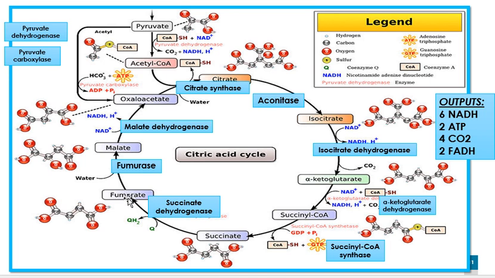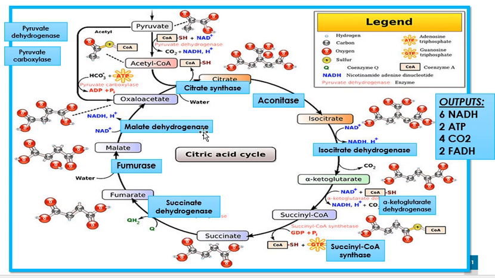fumarate will then become malate, with the help of fumarase, still 4 carbon. Now, malate will then become oxaloacetate, but in here, there is NAD involved that will be reduced into NADH.